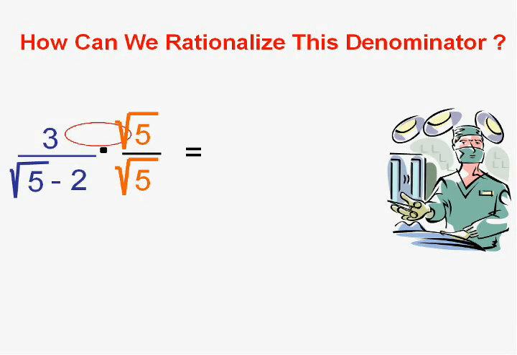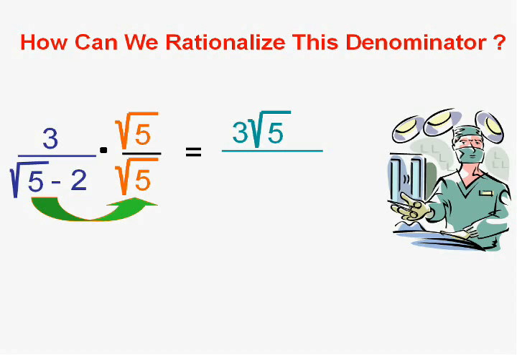In the top, not too bad. We get 3 radical 5, and we're allowed to have a radical in the top. In the bottom, we may get radical 25, and we did get rid of the radical there.